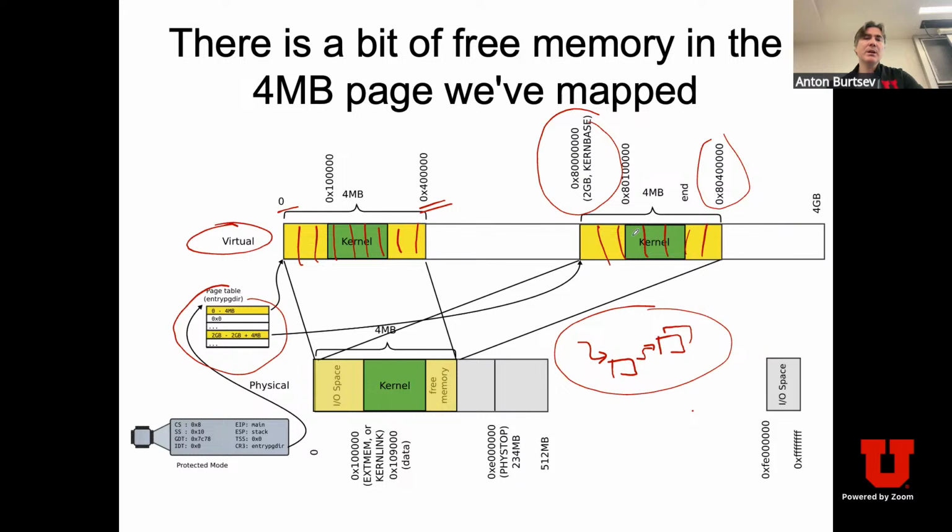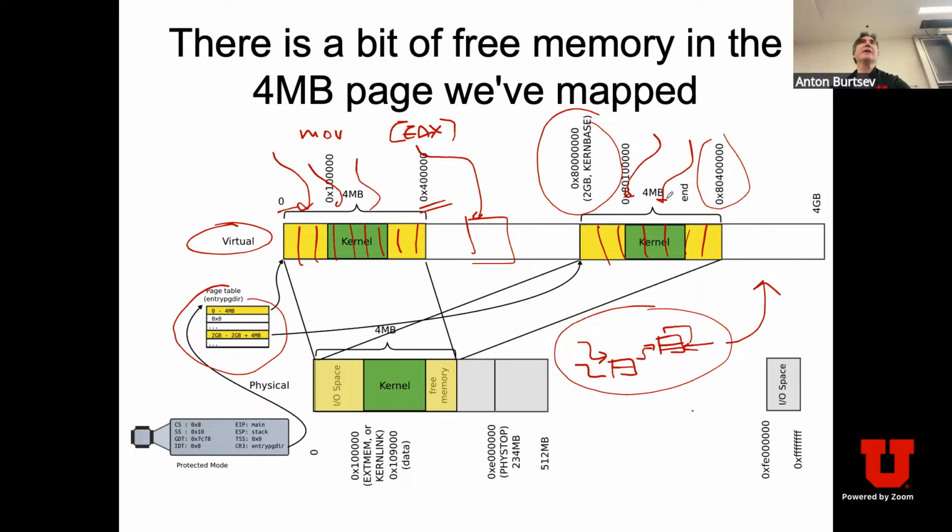If you try to execute an instruction which uses some address outside those ranges, the hardware walks this page table, says, okay, this is not present, and it immediately triggers a page fault, an exception. But if you issue addresses which fall into those two ranges, everything is fine.